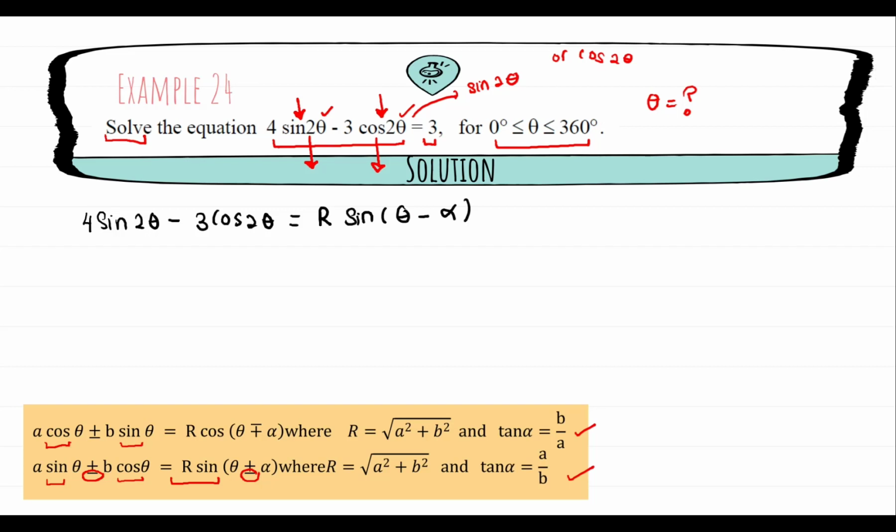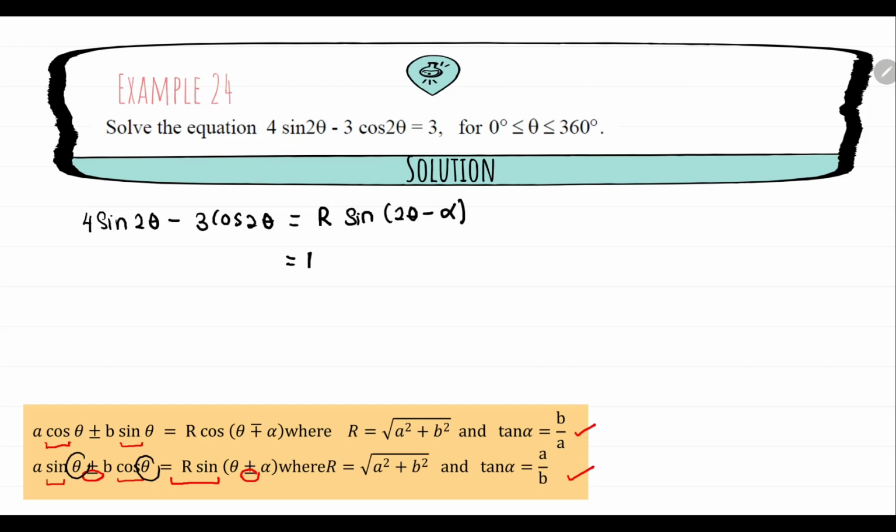The given question is on 2θ, but the formula is about θ. So we need to modify the formula. Since we are looking for 2θ, this cannot be θ minus α. It has to be 2θ minus α.